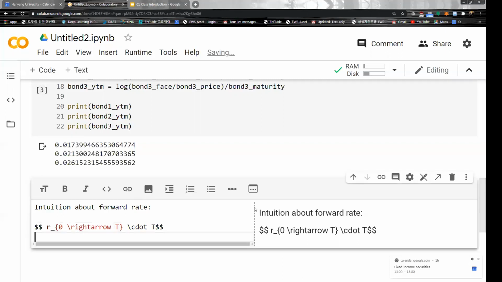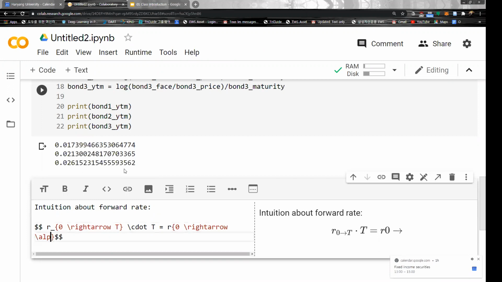So intuitively, we can decompose this into R from 0 to alpha.